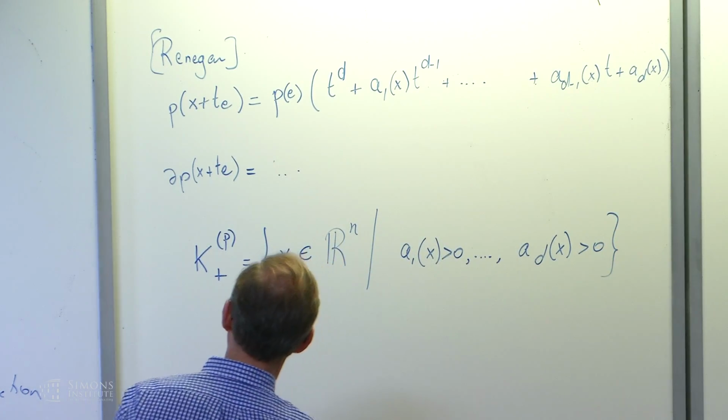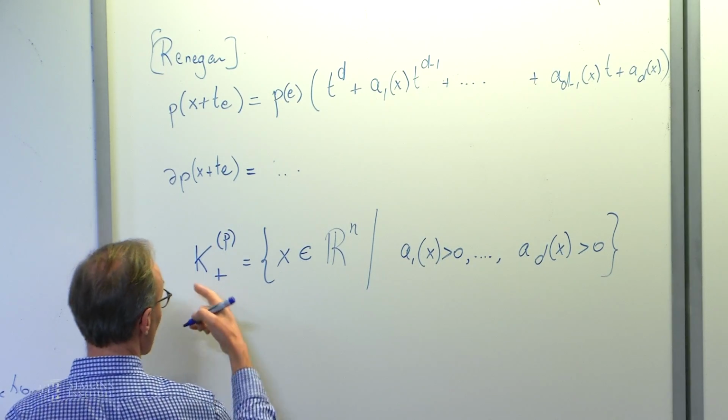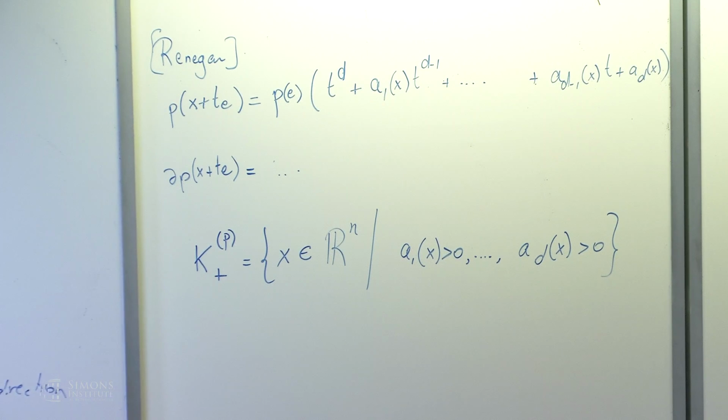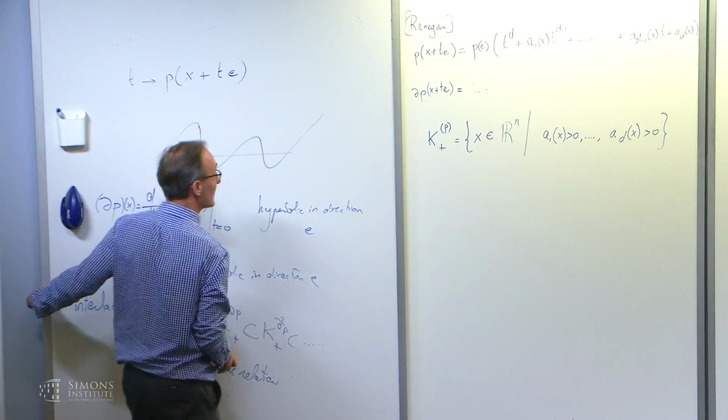And so that means that we get a representation as a semi-algebraic set of the derivative. So these are called derivative relaxations.